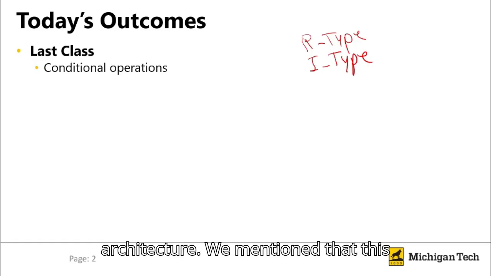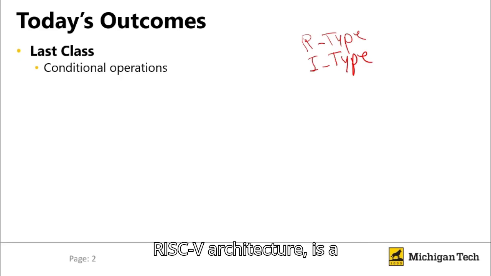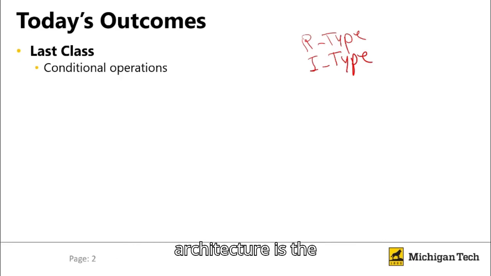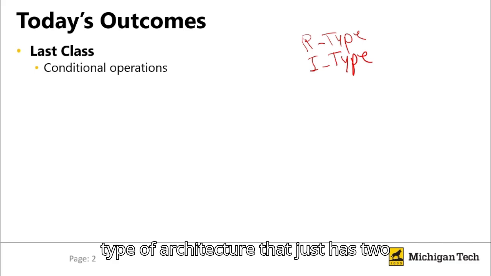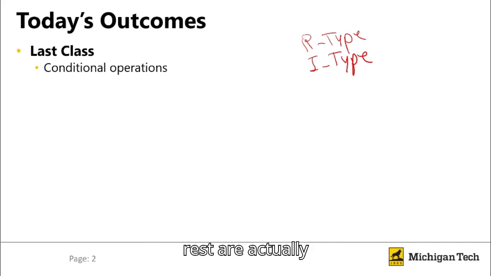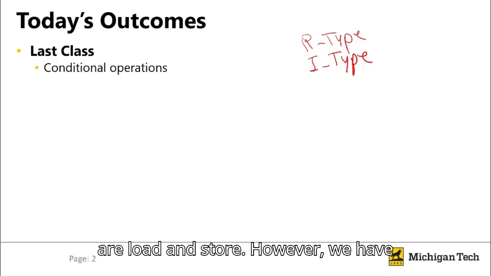RISC-V is a load store architecture, which means it has just two instructions to access memory. The rest are register based. These two instructions are load and store.